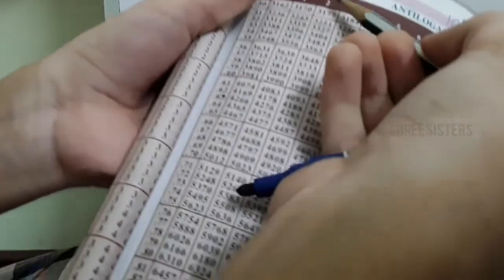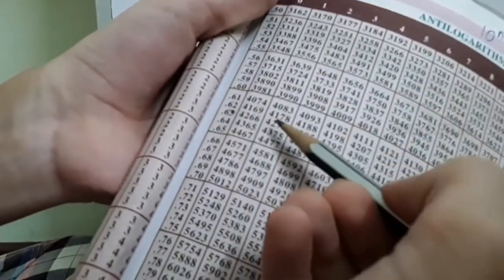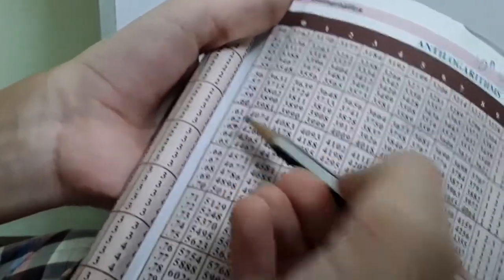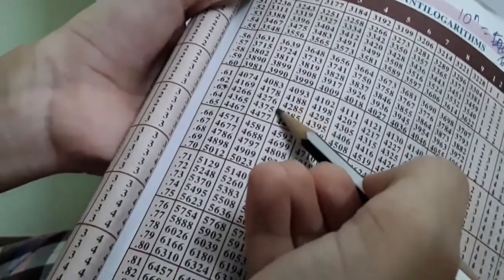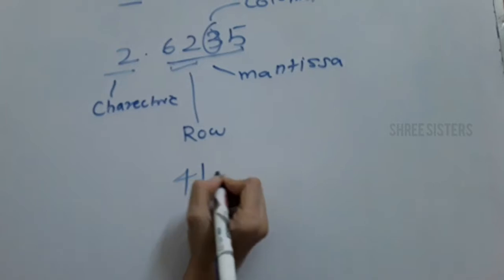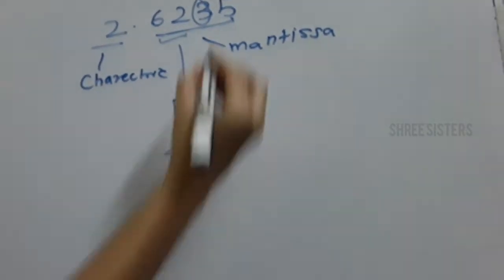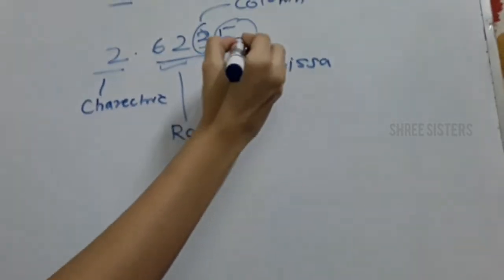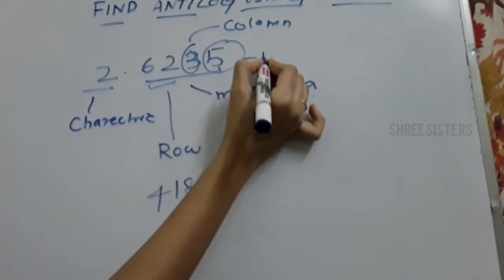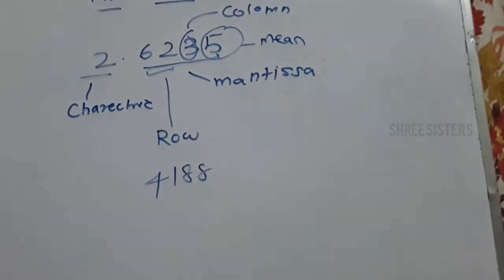So the 62 number is in here. For 62, the third digit is 2, so for the column 2 you have to see 62 and 2. We'll get 4188. So 4188 we got for the row 62 and column 2. And now the fourth digit of the mantissa part is 5. Now we should find the mean difference for this one. The row will not change.